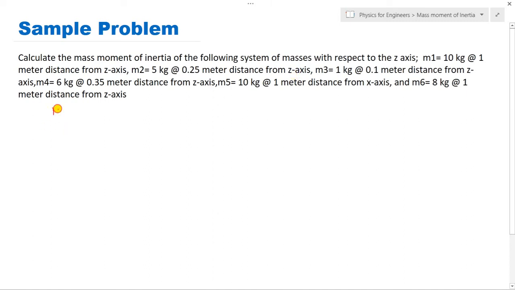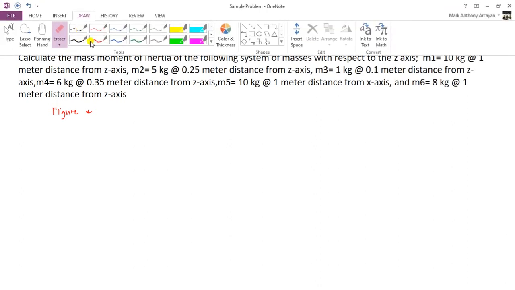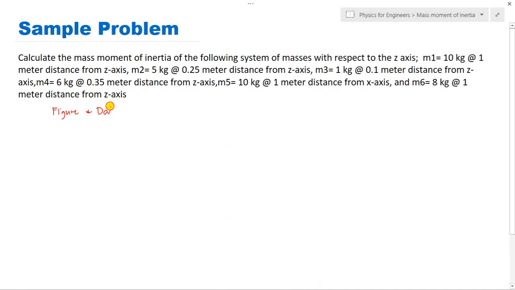So we have here the figure and data, and this one is the z-axis.